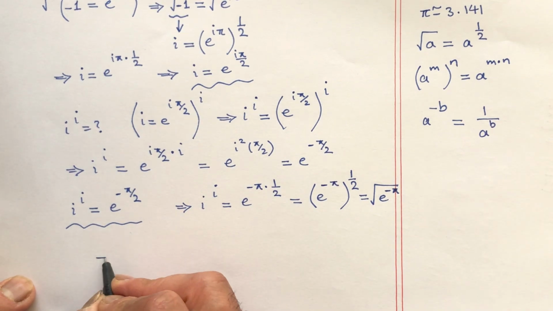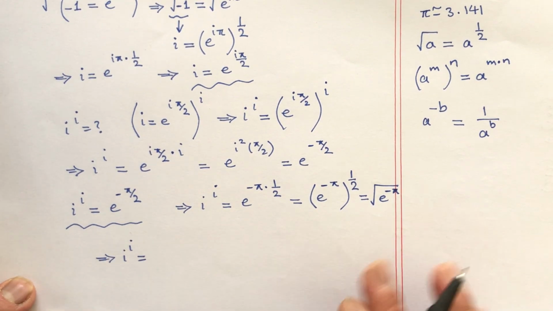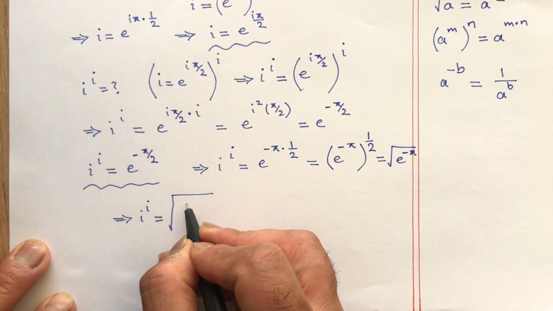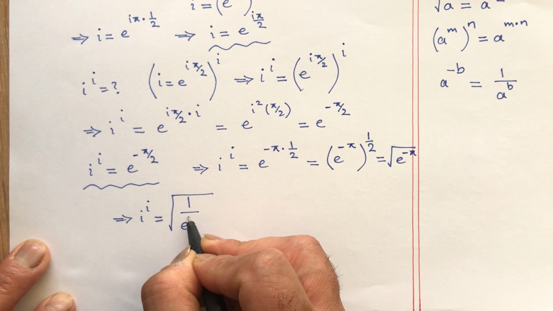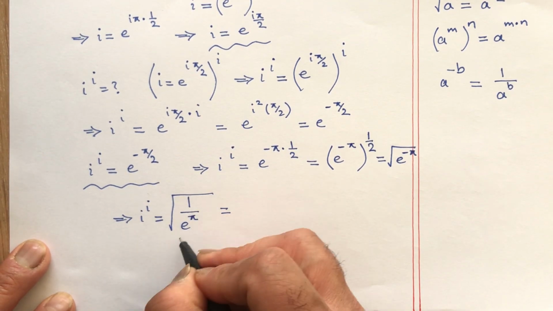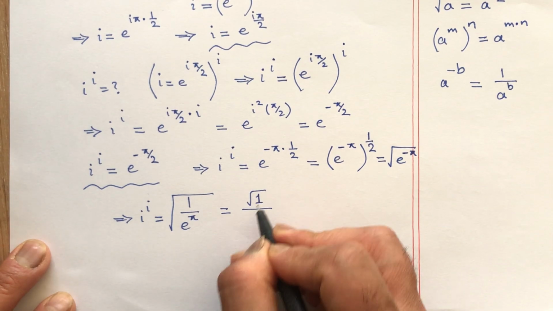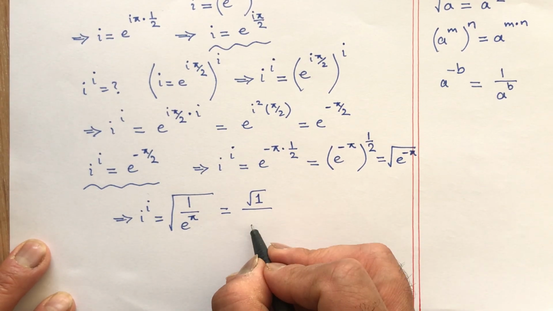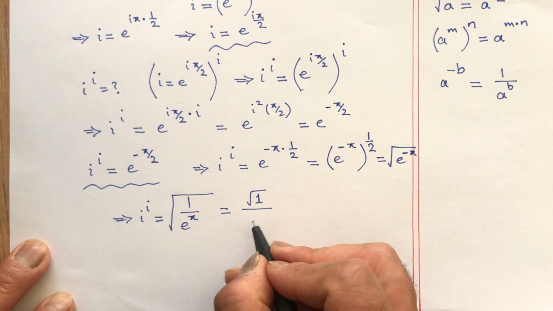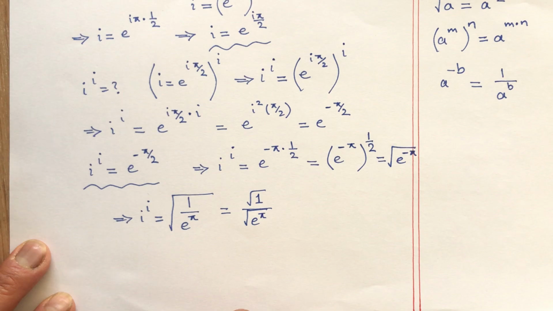So i to the power of i equals the square root of 1 over e to the power of pi. We can break down the square root: the square root of 1 in the numerator and the square root of e to the power of pi.